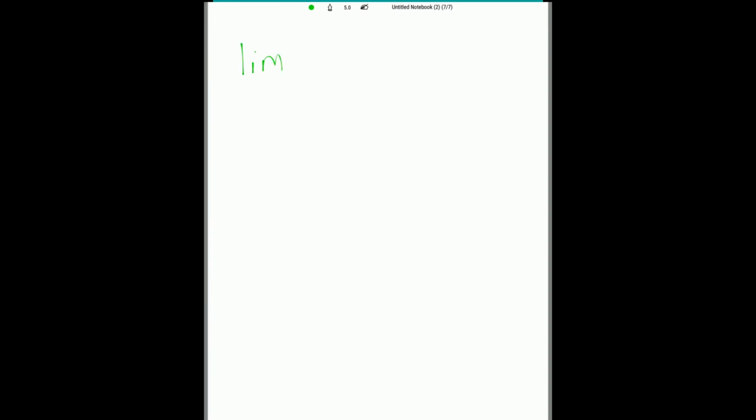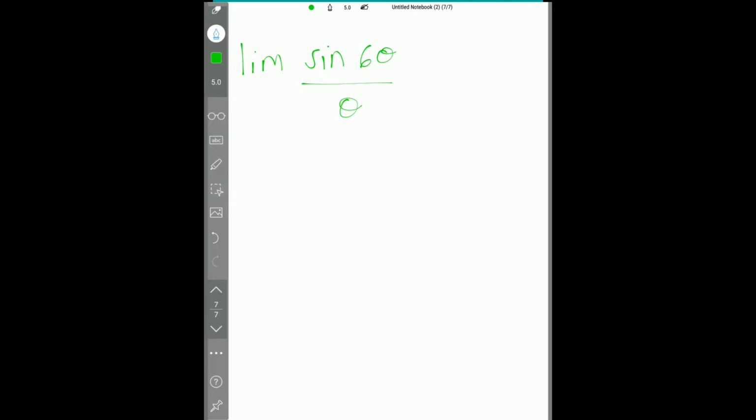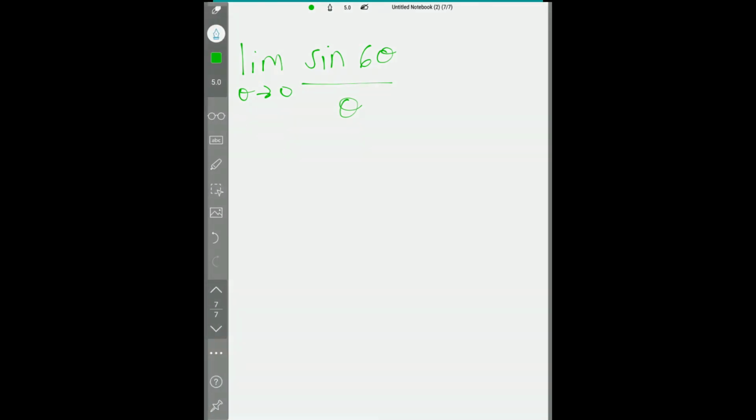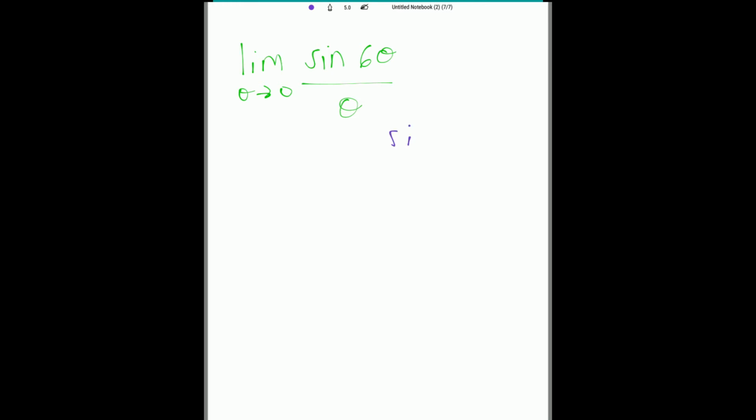Suppose you needed to find the limit of sin 6θ over θ as θ approaches 0. The only thing that we know is that if we had sin θ over θ, then the limit of this as θ approaches 0 would be equal to 1.